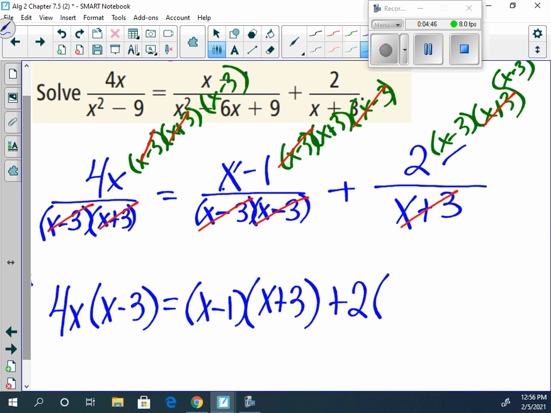So wait, what do we have left here? x minus 3 and x minus 3. So I was left with x minus 3 and x minus 3, yes? Well, where did we get those two factors from? I'll have to erase a little bit.